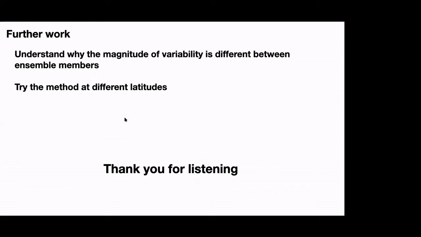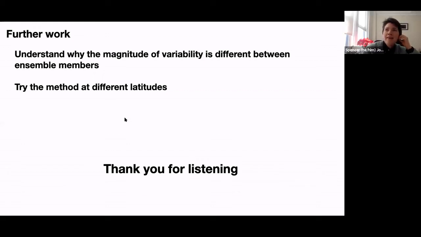Any thoughts on that? I think for me, I'm perhaps more interested in whether this is different between different models, because my understanding is that if you look at the AMOC variability in different models, it's pretty different between many of the climate models right now.